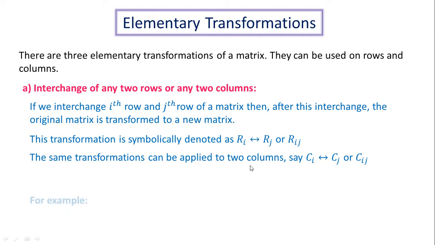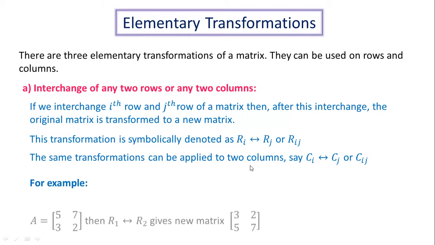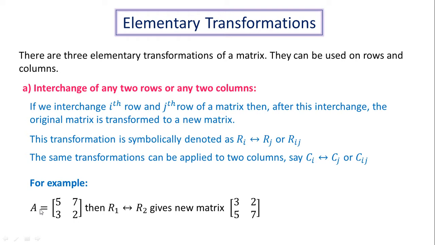Let us see one example. Suppose matrix A is given, a square matrix, 5 7 3 2. Then R1 interchanges to R2, row number 1 interchanges to row number 2. It gives a new matrix: 3 2 5 7.